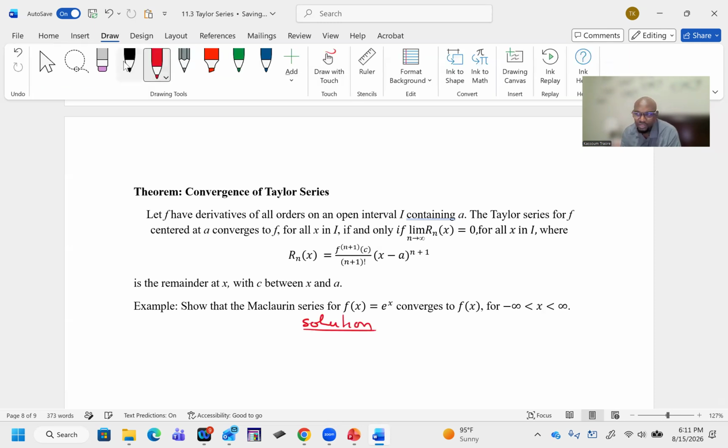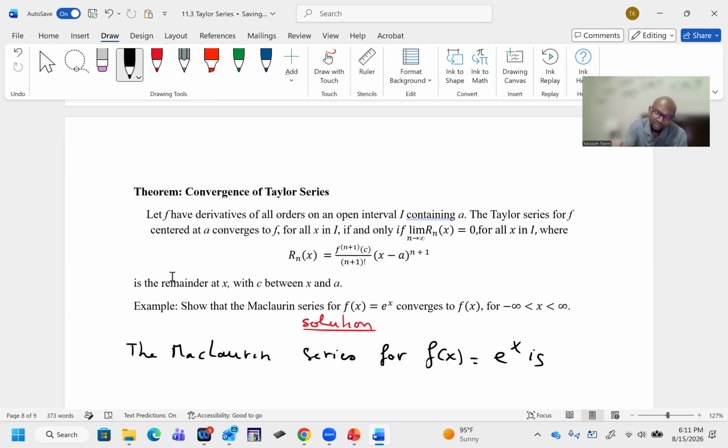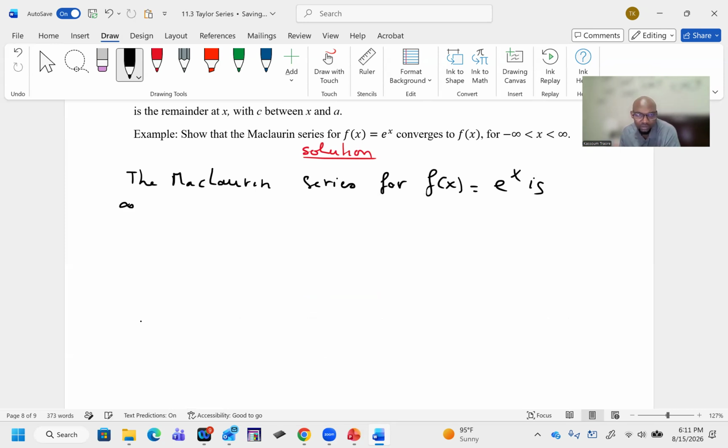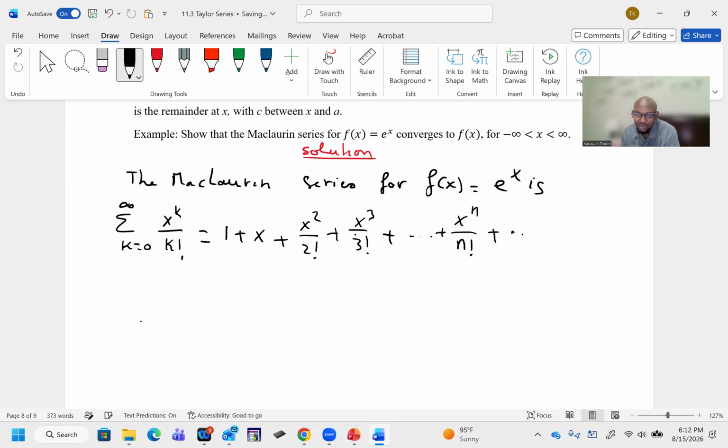So from the previous example, we know the Maclaurin series, we already have done this one, for f of x equal to e to the power of x is the sum from k equals 0 to infinity of x to the power of k divided by k factorial, which is 1 plus x plus x squared divided by 2 factorial plus x cubed divided by 3 factorial, and so on, up to plus x to the power of n divided by n factorial, right? So we have done this one in the previous example.